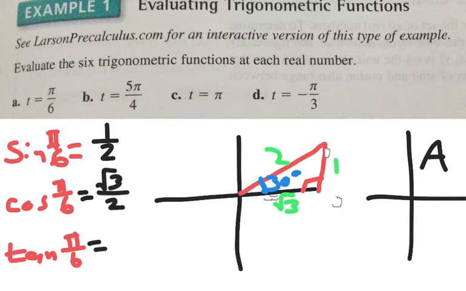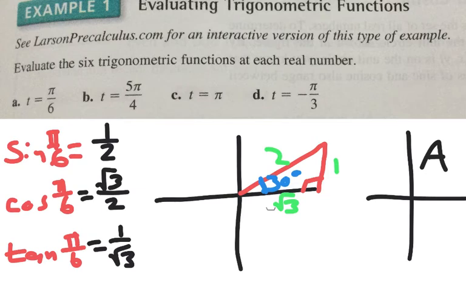Tangent of pi over 6. So from this same angle is the opposite, 1 over the adjacent, radical 3. So here's the kicker part. Tangent of pi over 6 is 1 over radical 3. In pre-cal and in trig, we don't like radicals in the denominator. So we have to rationalize this.